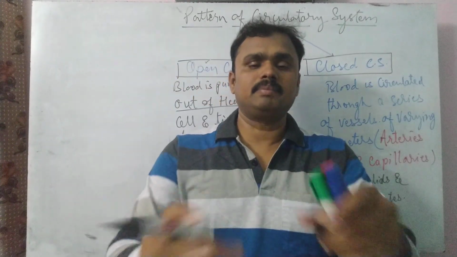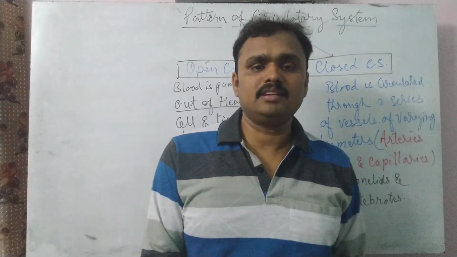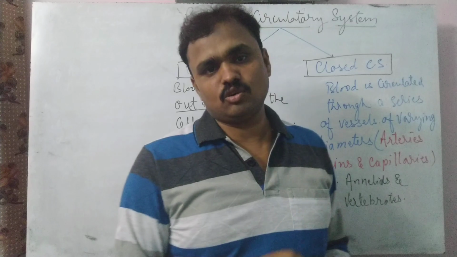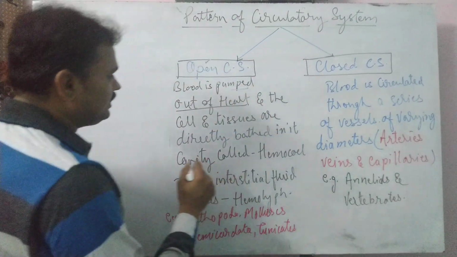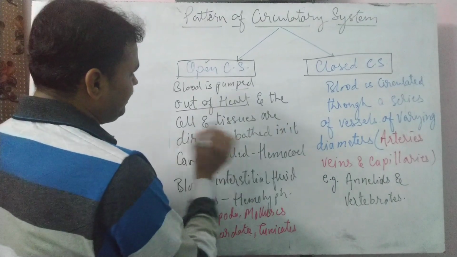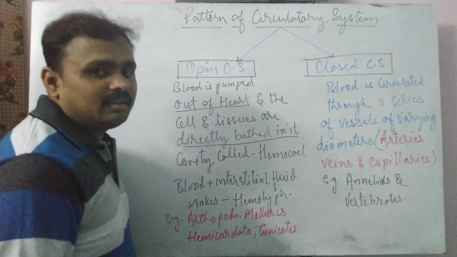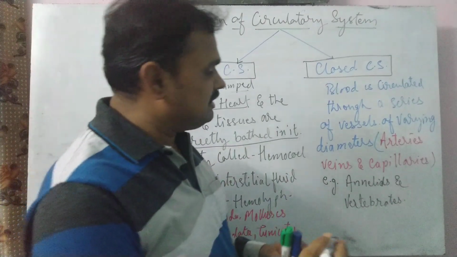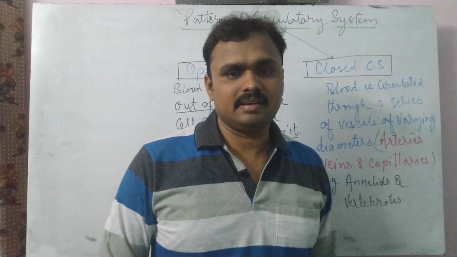It goes and reaches each and every part, supplying nutrients and oxygen so that they are active all the time. Here the tissues are directly bathed in it. There are no veins, no arteries, no capillaries, nothing.